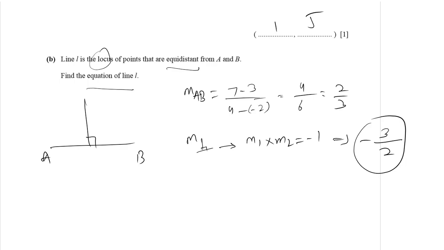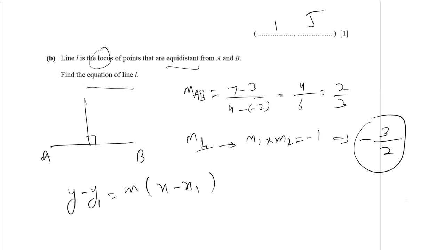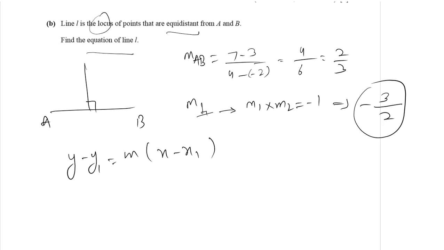Now let's complete the equation. y minus y1 is equal to m into x minus x1. I'll take the coordinates of the midpoint in place of y1 and x1, that is 1 comma 5. So y minus 5 is equal to minus 3 by 2 into x minus 1.